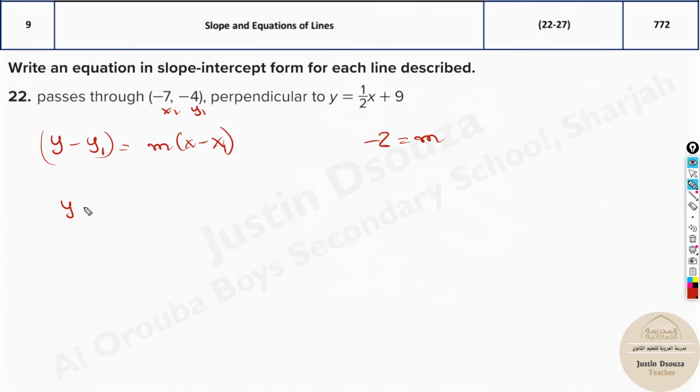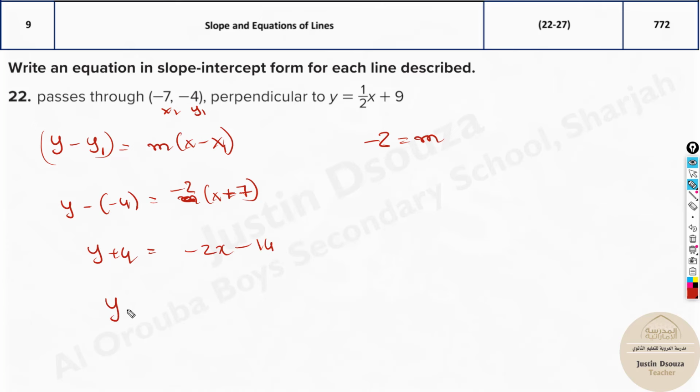Here y minus of minus 4 is equal to m into x minus of minus 7. So it will be plus 7. Minus of minus 7 will be plus 7. Even over here it will be y plus 4 is equal to m. Now what is m? m is negative 2. So negative 2 over here is m. Multiply it, minus 2x minus 14.